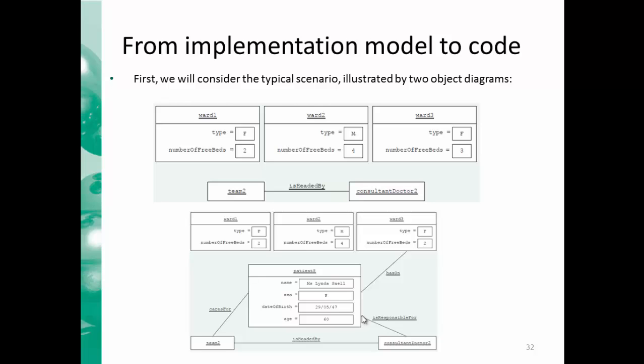But of course, we need not ignore that in other scenarios we may not find the right ward for the patient, and we may return null and apologize to the patient because we don't have an empty bed in the right ward for him or her.